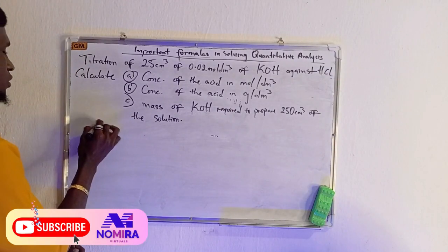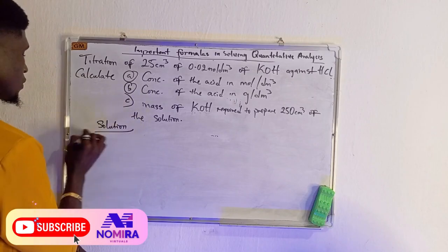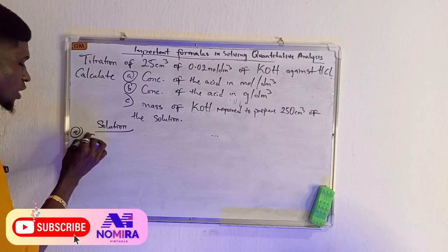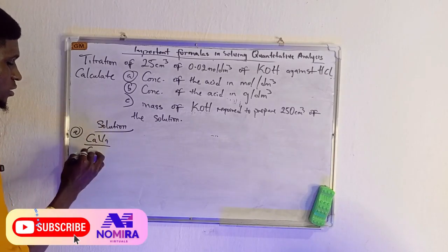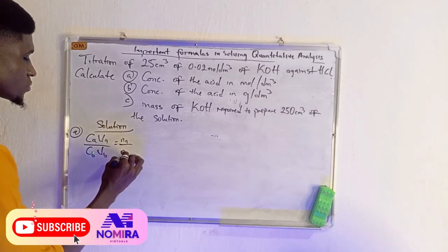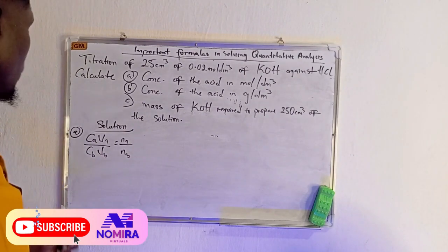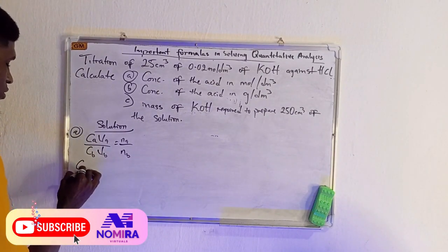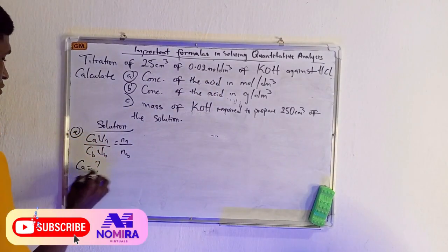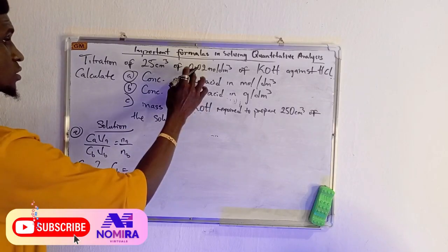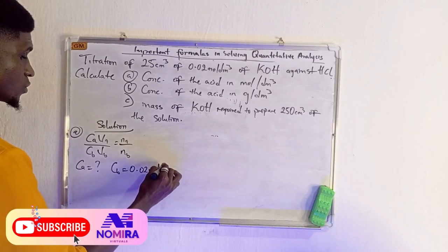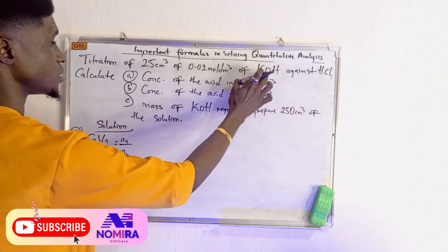Okay, let us treat the first one. The concentration of the acid in mole per dm cube, we can use the dilution formula to obtain it. Ca is what we are looking for, the concentration of the acid. Cb is given to us as 0.02 mole per dm cube, this is the base.